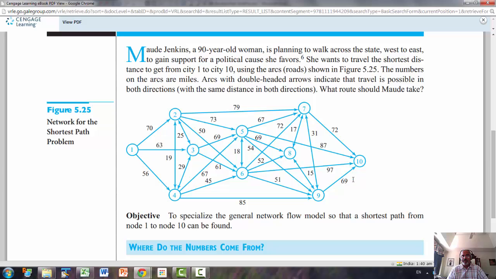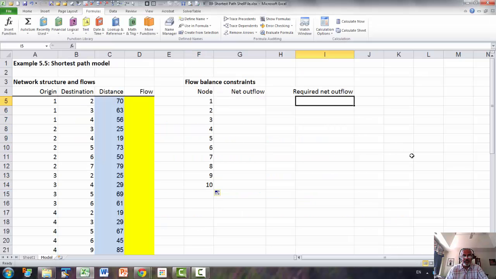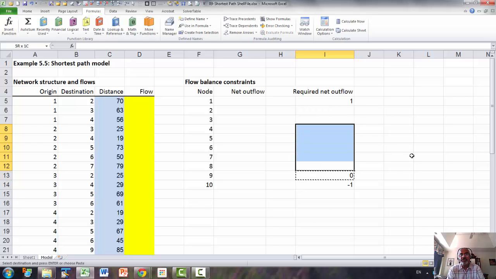For the final destination, the net inflow is 1, or the way we're going to code this, instead of net inflow, we'll look at net outflow being -1. If net outflow is -1 here, that means we have a net inflow of 1. So the required flows are 1 for the first one, -1 for the last one, and everything in between must be 0.